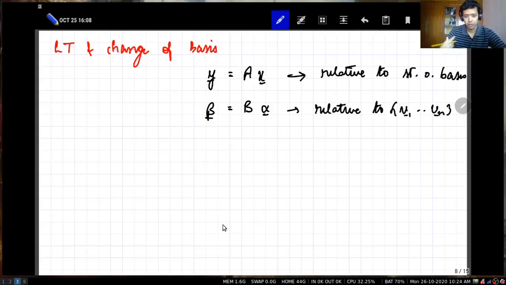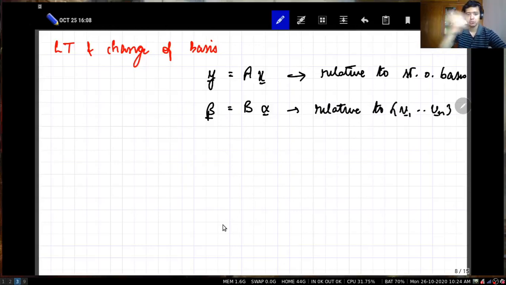So x and alpha are the same vector, but represented in terms of different bases. x is the n by 1 coefficient vector corresponding to some vector in Rn, and alpha is the same vector, but the coefficients are relative to the basis v1 through vn.